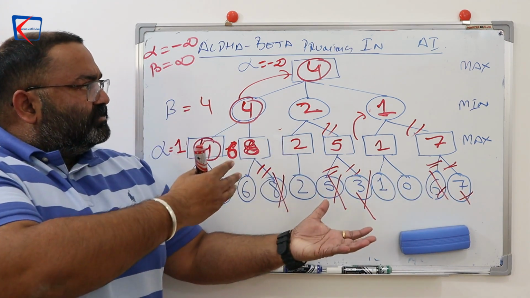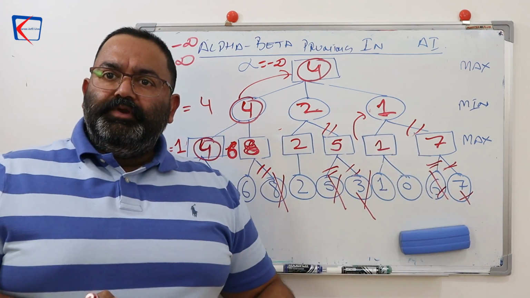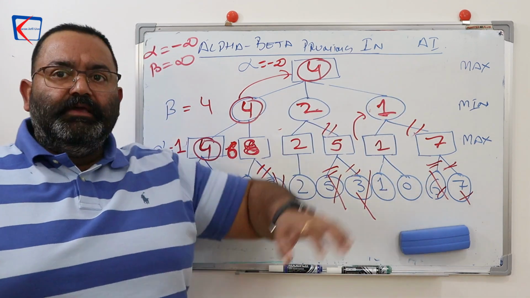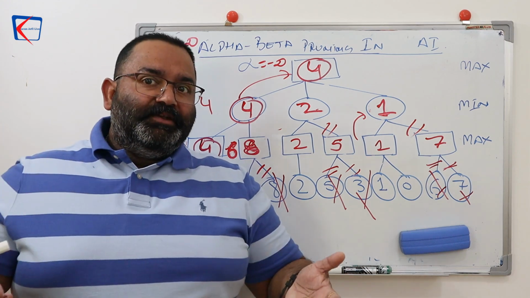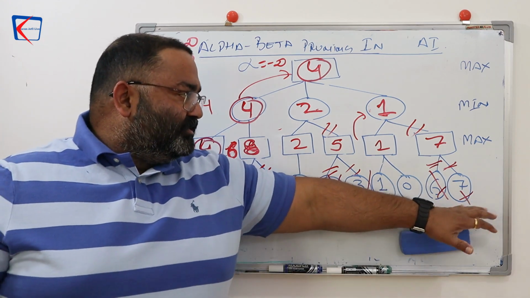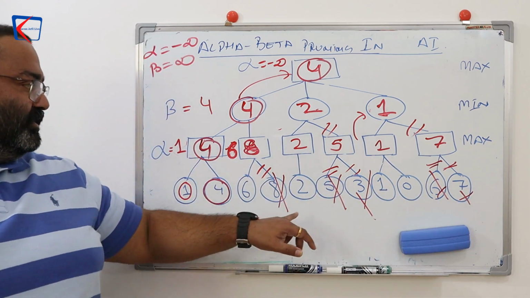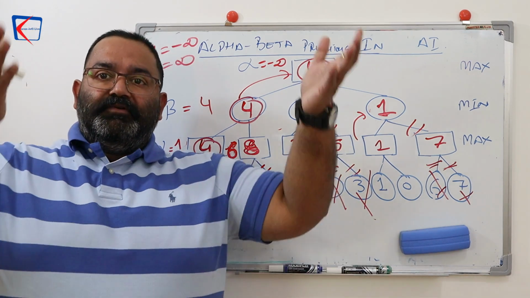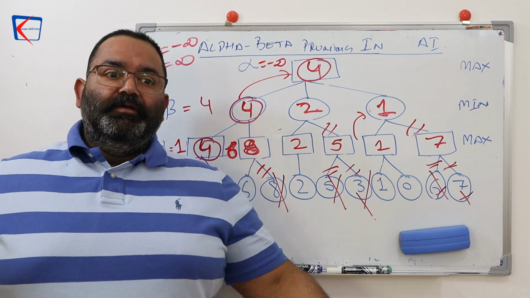So we explored this tree using alpha beta pruning and also using max min, but it did not change my result. But in alpha beta pruning, I did not explore this node, this node, this node, this node, and this node, which increases the performance of my alpha beta pruning.